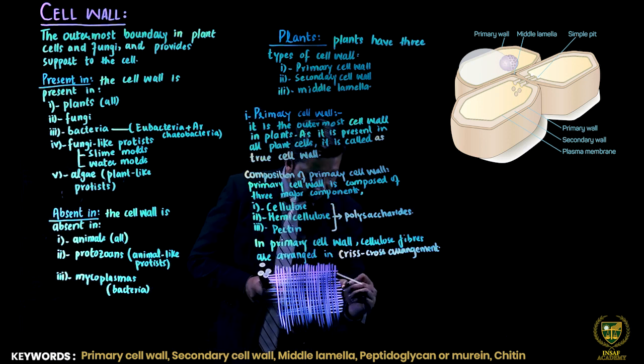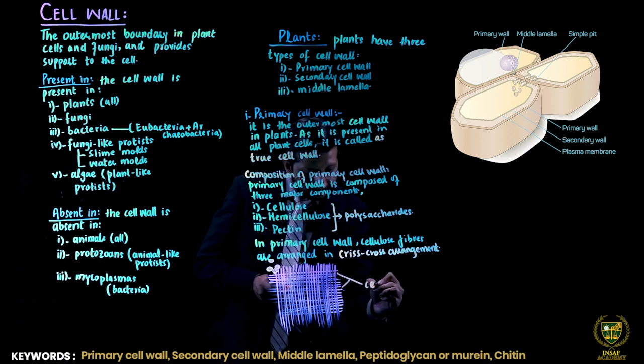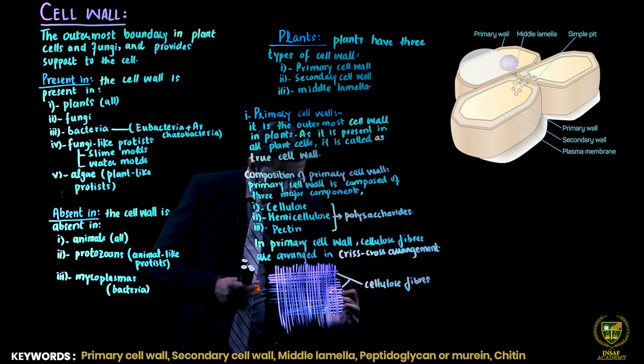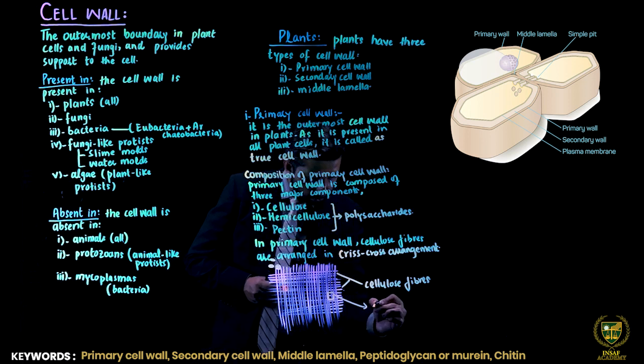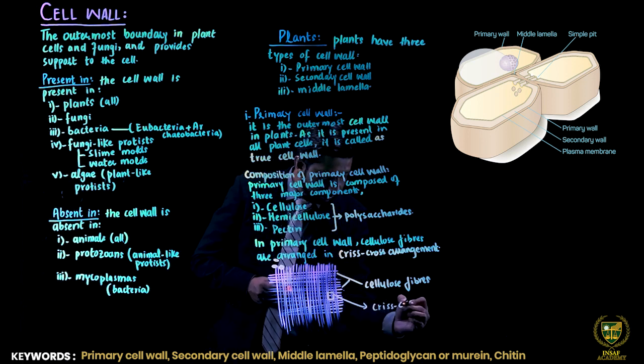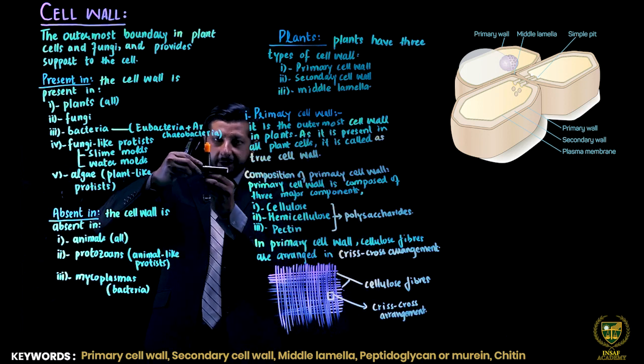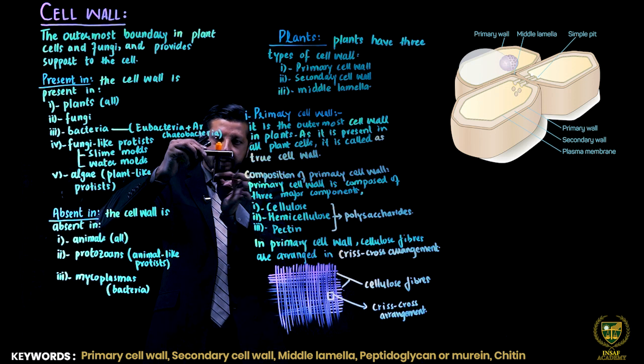So all these are the cellulose fibers. Clear? And this arrangement is criss-cross arrangement. Clear? In this way, these fibers are present exactly perpendicular to each other.